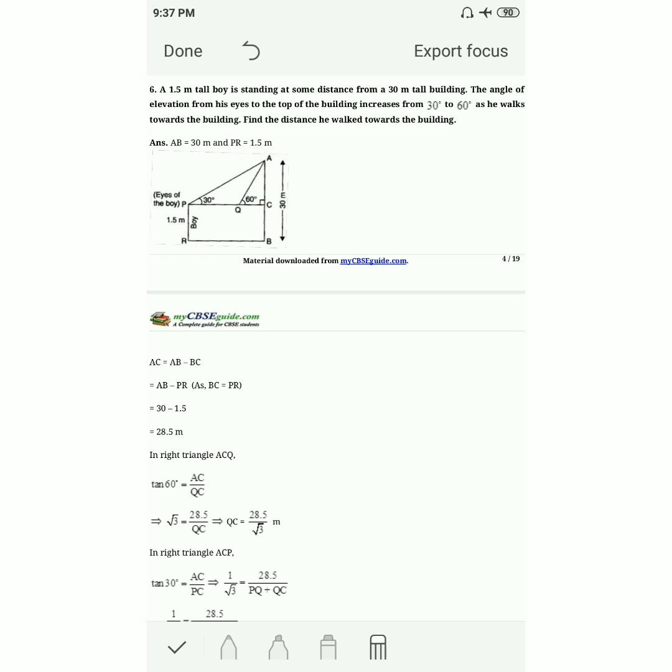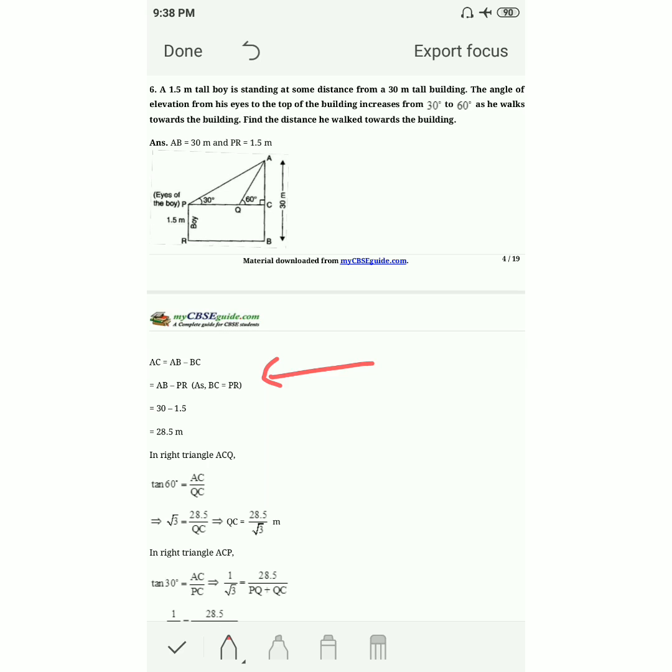Here it is written that AB is equal to 30 and PR is equal to 1.5 meters. So AC means this portion, which is equal to the whole portion minus this lower portion. That means the whole portion AB minus BC. Now BC and PR are both the same because they are opposite sides of a rectangle.